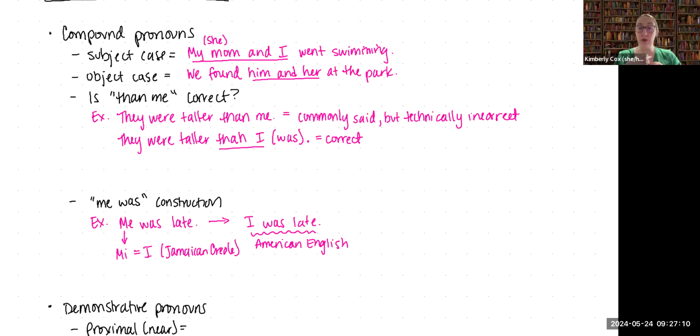So in Jamaican Creole, "me" is actually a subject pronoun.